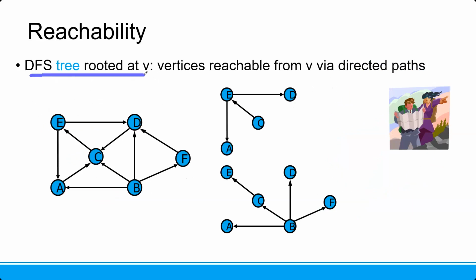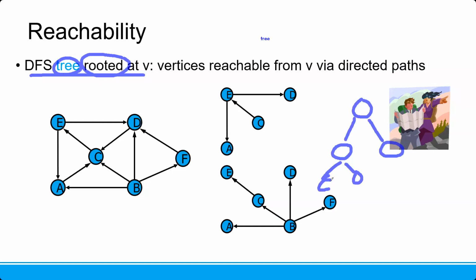When we have the reachability, we will create a tree. So do you remember the data structure tree? In the tree data structure, we need to have a root. So the root will have a child, and then we can have more children.